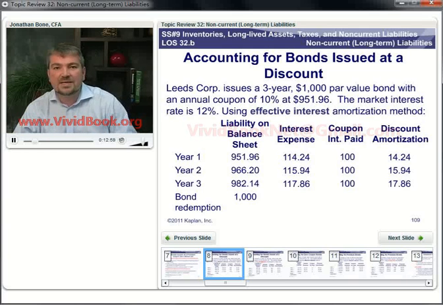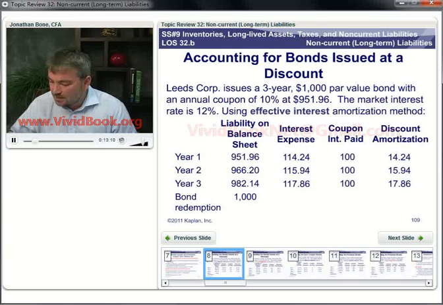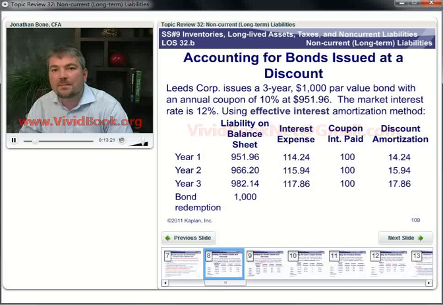Now notice, essentially, that the total interest expense, if we were to add this up very briefly, let me just quickly do that. If we add up the total interest expense, 114.24 plus 115.94 plus 117.86 gives us 348.04, compared to the total that goes to the cash flow statement of 300.